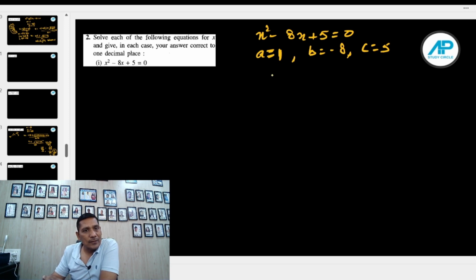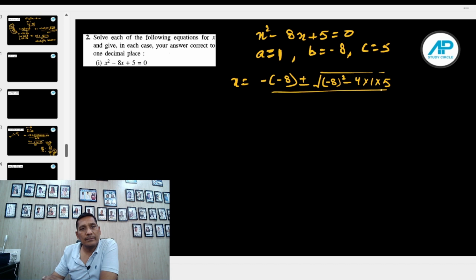You can see here, the value of a, value of b, value of c are given to us. So what should we do with this? I find the value of x. b square minus 4 into 1 into 5.